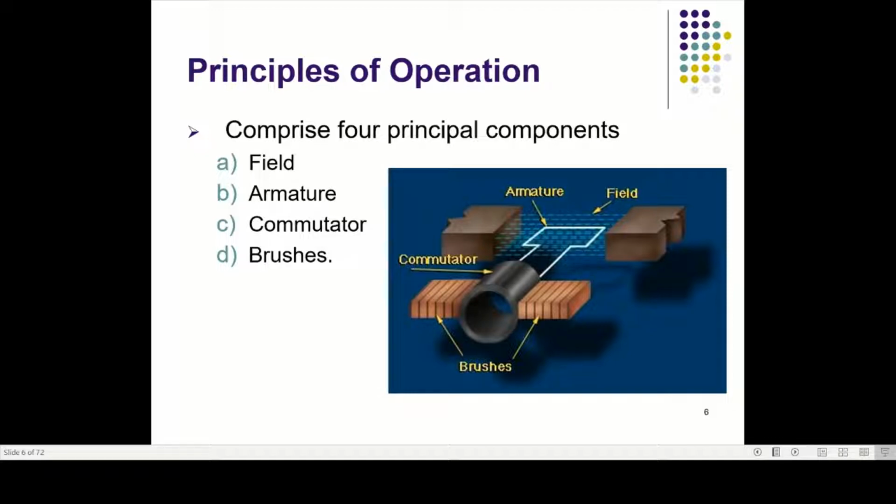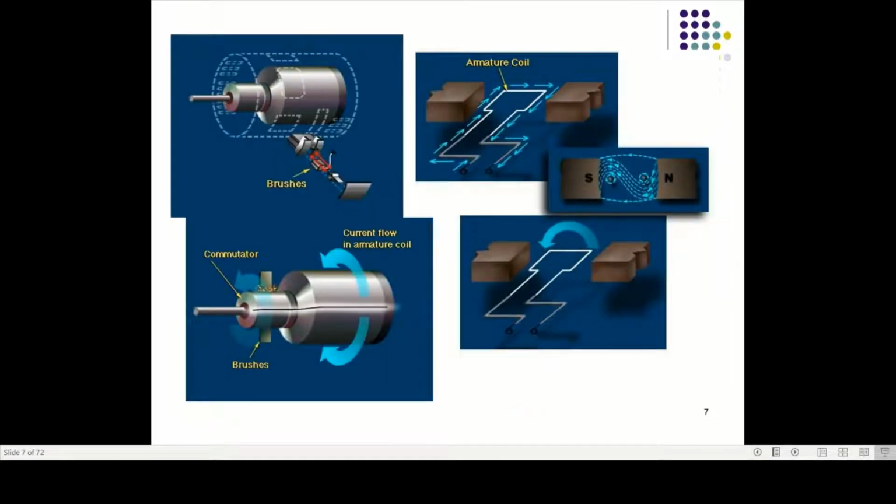So, in this figure, you can see the four components of DC motor: field, armature, commutator, and brushes. As I mentioned before, when armature windings are connected to a DC supply and electric current sets up in the winding, magnetic field may be provided by field winding or by using permanent magnet. We have a permanent magnet here.